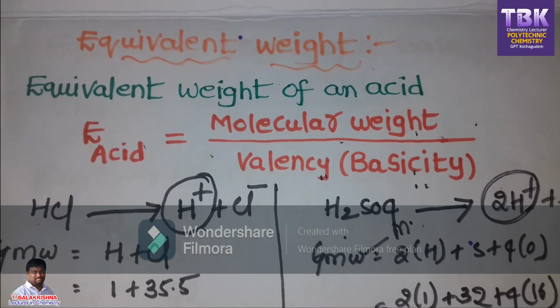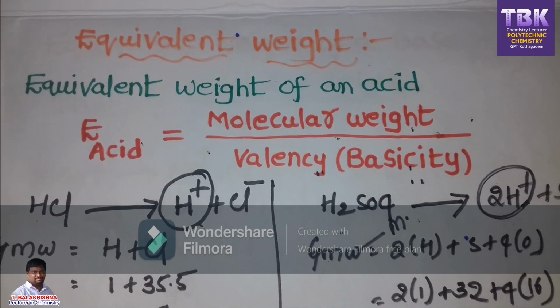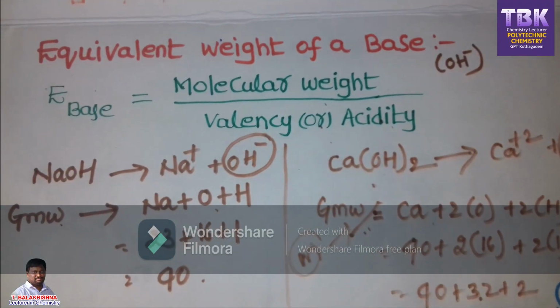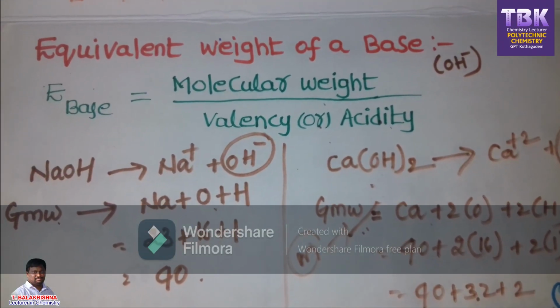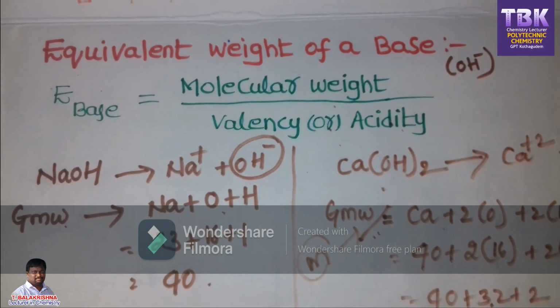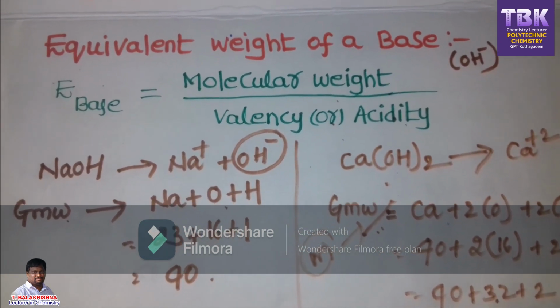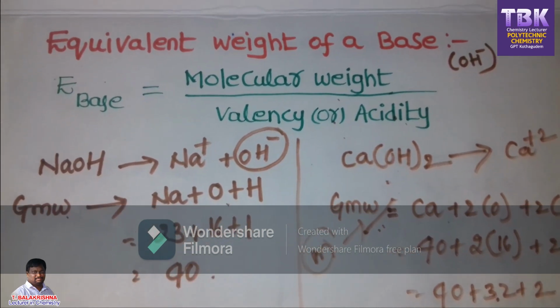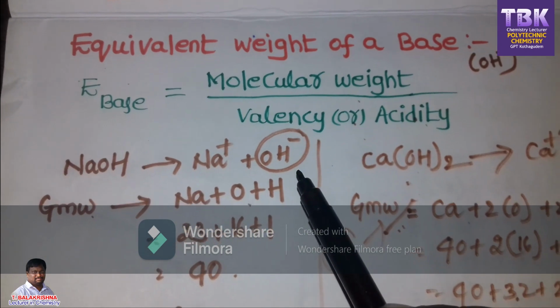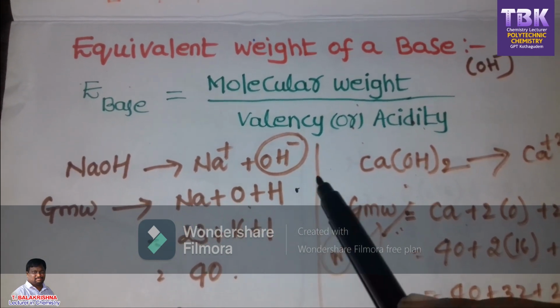Basicity means the number of replaceable hydrogen atoms it has. If you want to calculate the equivalent weight of a base, the formula is molecular weight by acidity or valency. Here acidity or valency means how many replaceable hydroxyl ions it has.